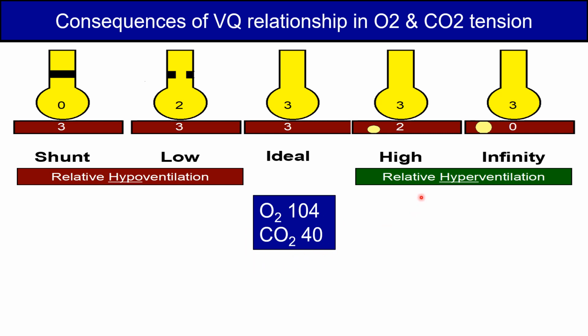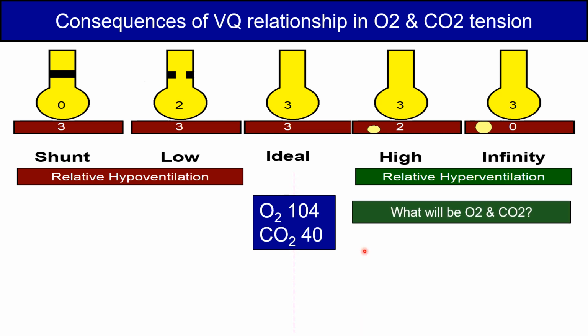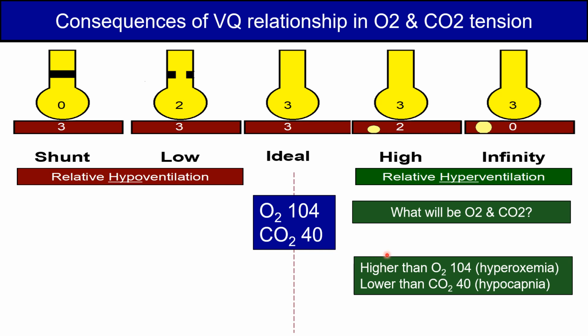What is going to happen if you're going to have a relative hyperventilation? In relative hyperventilation, what will happen to the O2 tension? It's going to be higher, while the carbon dioxide tension is going to be lower. Higher O2 and lower CO2. How about if you have low or shunt V/Q?